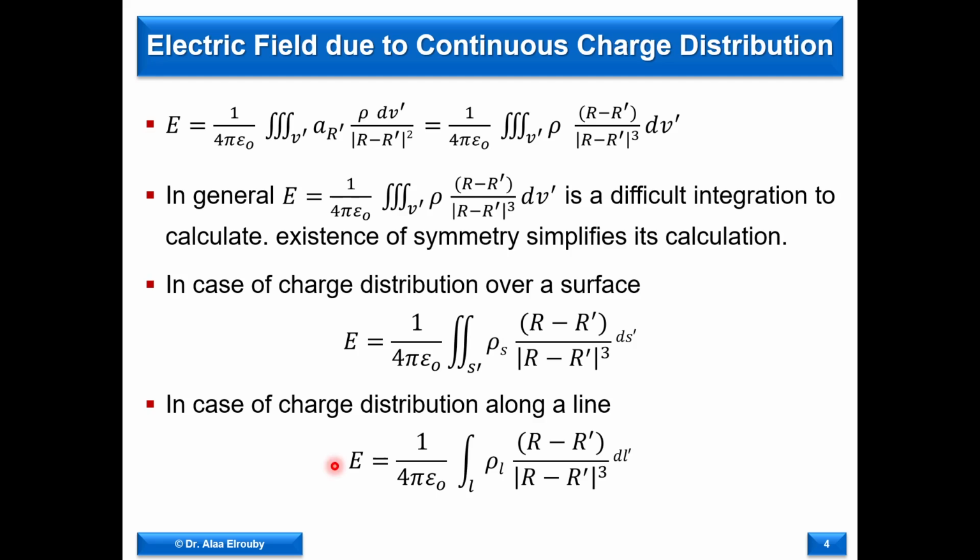Sometimes the charges are distributed on a line, like on a wire. In this case, the integration needs to be modified to integrate over certain lengths where we have the charge distribution. The differential element will be dl, and the charge on this differential element equals rho_L, the linear charge density, multiplied by dl prime, because this is the source, and here is the integration over L prime.